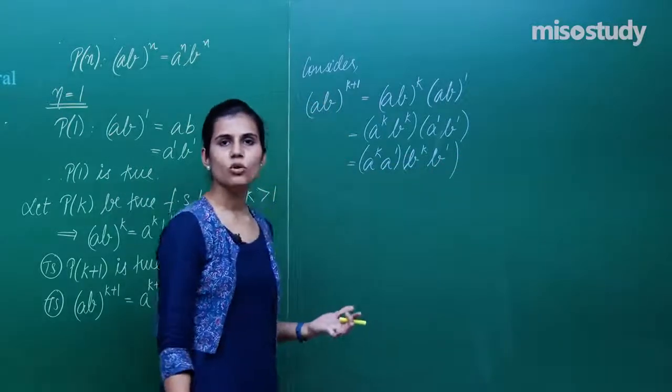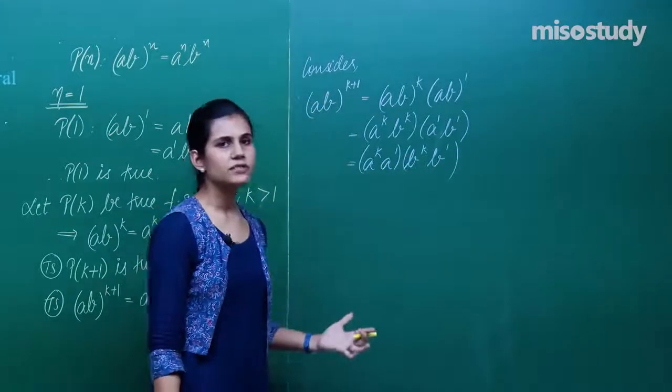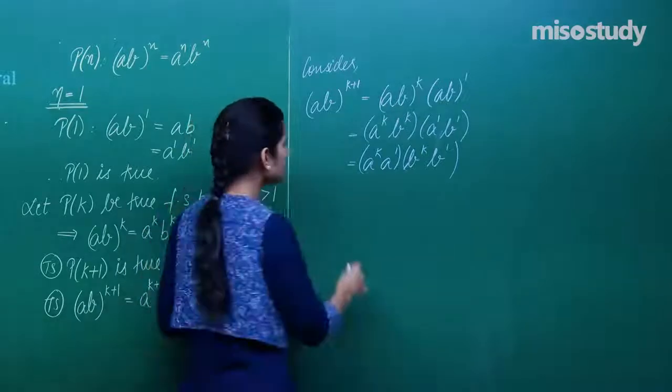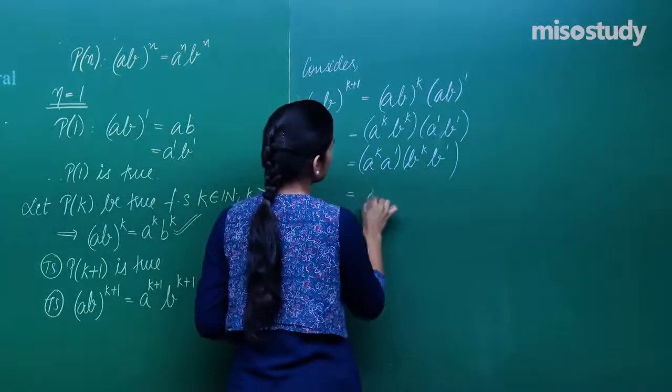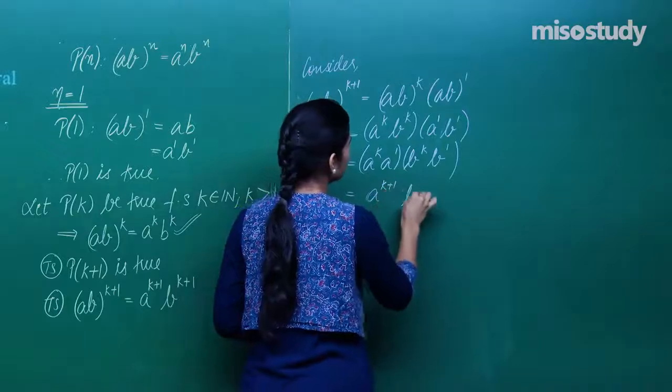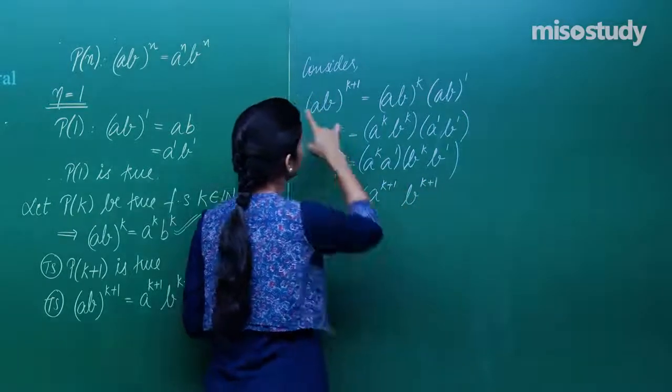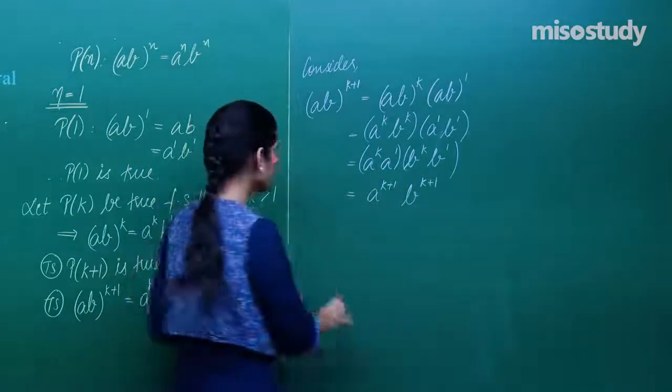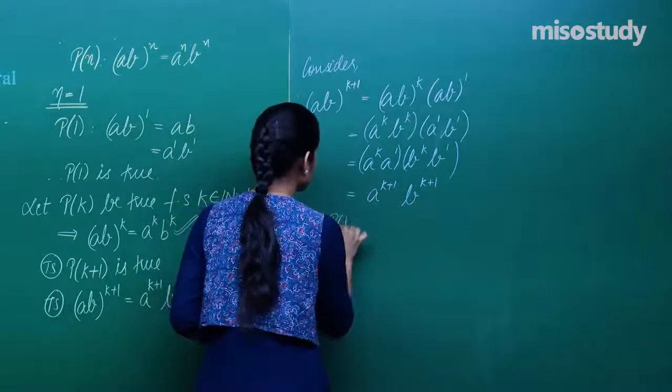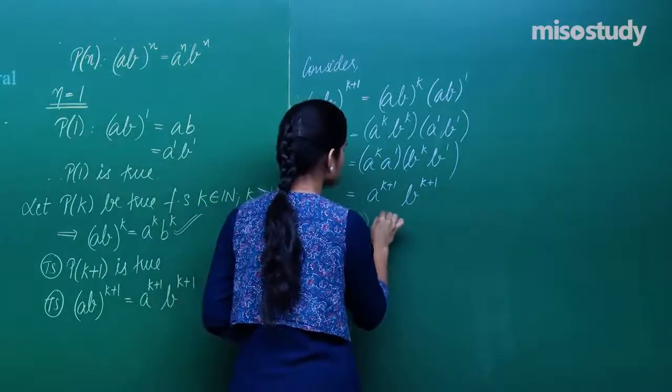Associativity holds with respect to multiplication. Commutativity holds with respect to multiplication in real numbers. What is a to the power k into a to the power 1? It is a to the power k plus 1, and this is b to the power k plus 1. Hence you have established what you wanted to, which implies Pk plus 1 is true.